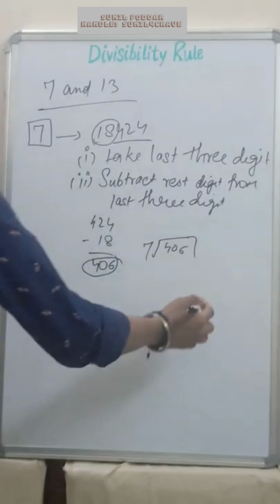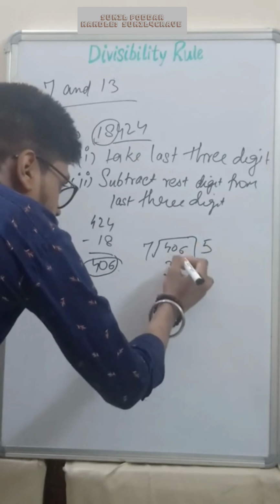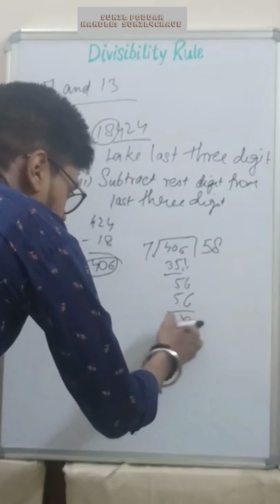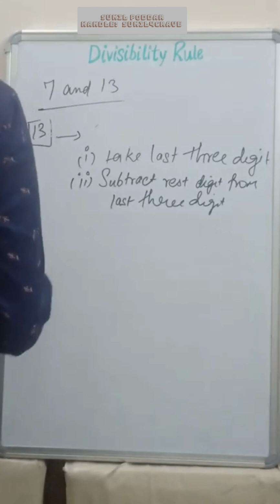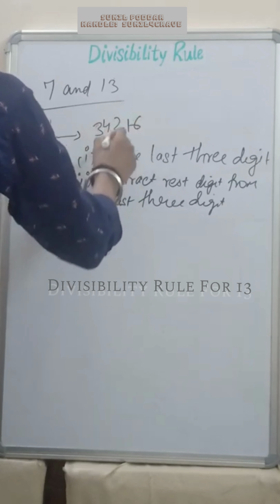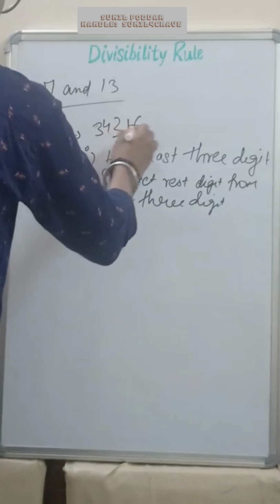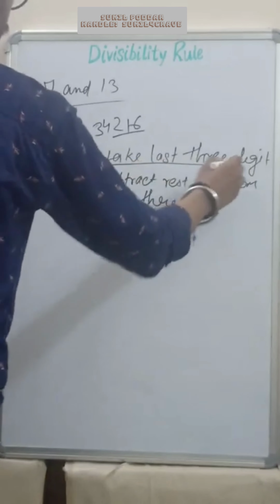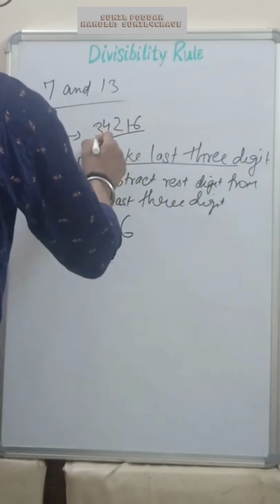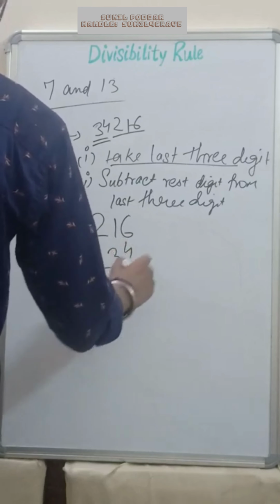5 sevens are 35, 8 sevens are 56. Now take 34216. The same rule applies: take the last 3 digits, then subtract the rest digits, which are 34. After subtracting, the answer is 182.